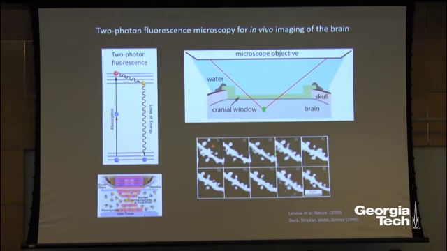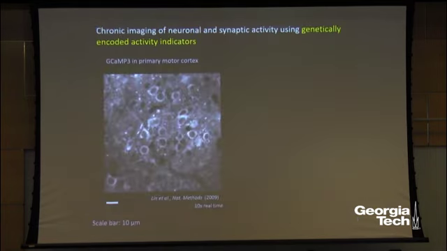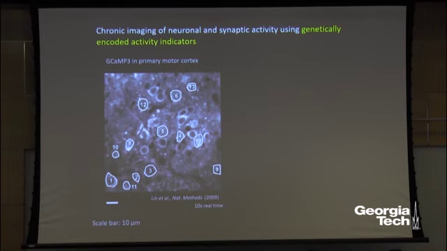And what makes this method very, very useful for neurobiology is the development of genetically encoded activity indicator. So here you are looking at a movie of neurons that are expressing a protein called GCaMP3. Whenever the neuron fires an action potential, the fluorescent signal will go up.